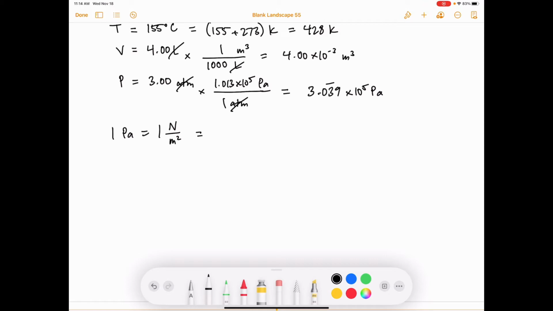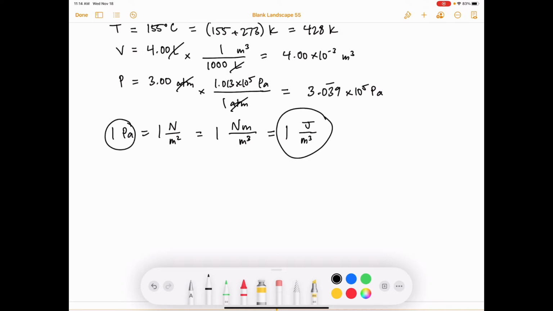I could also write this as a newton times a meter on top divided by meters cubed on the bottom. I'm just multiplying on the top and bottom by units of meters. But you'll also remember that a newton times a meter is equivalent to a joule. So in other words, a pascal is equivalent to a joule per cubic meter.